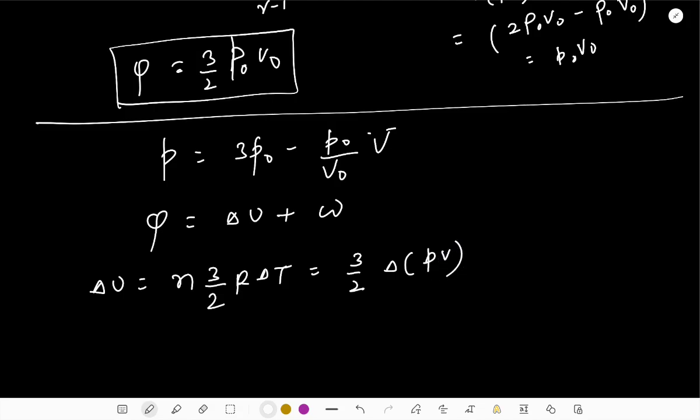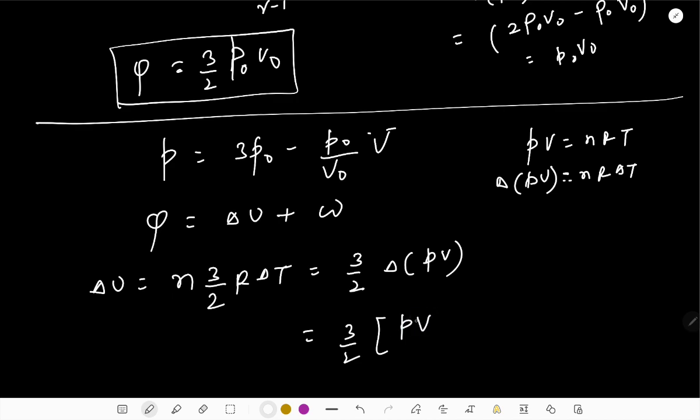PV is a new variable here. Since PV equals nRT, nR delta T can always be written as delta PV.